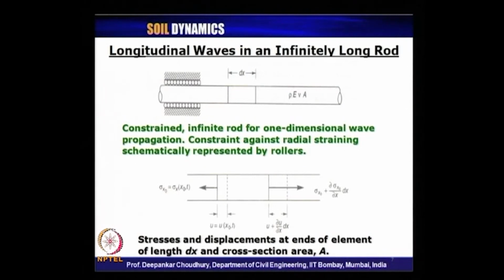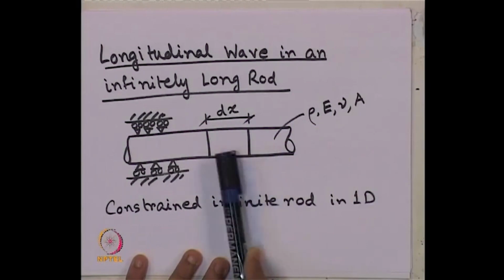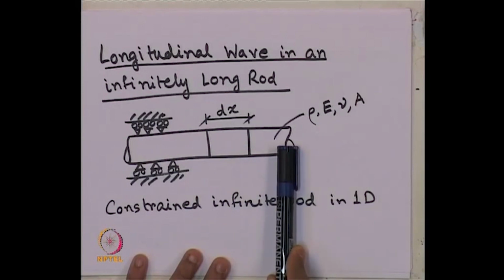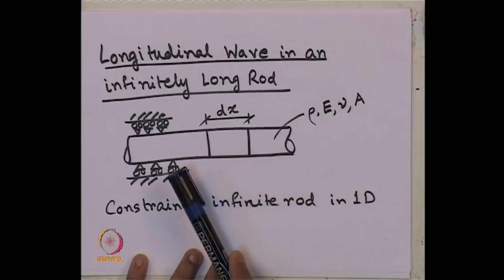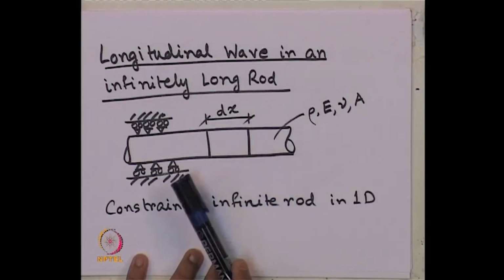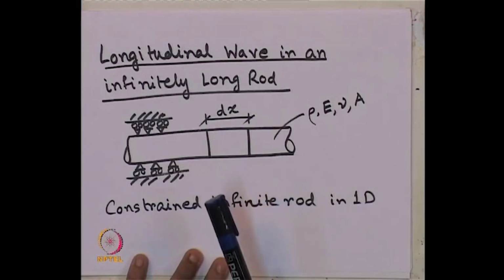When the wave passes through this portion of the rod, what happens? The stresses get generated, and as the wave travels through this section, the stress at this end and the stress at this end will be different, because the particle is also moving, with a corresponding displacement of the particle in this direction, let us say u.